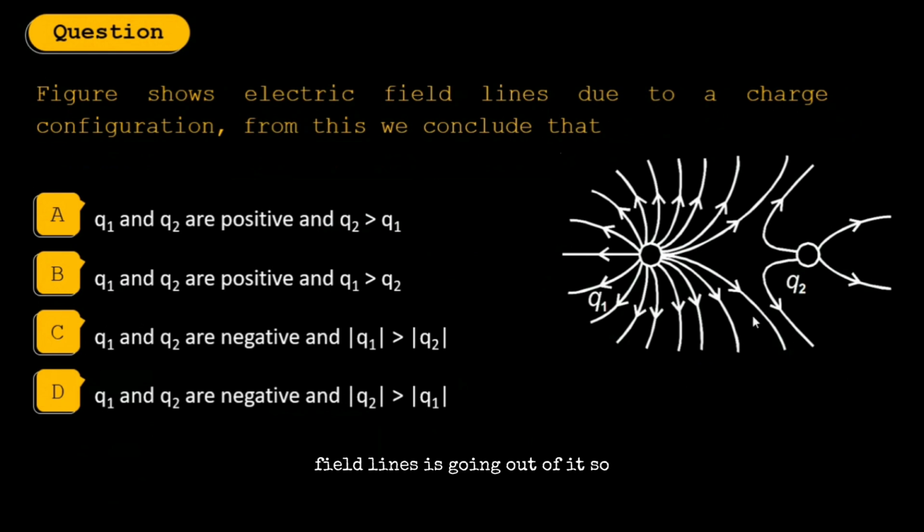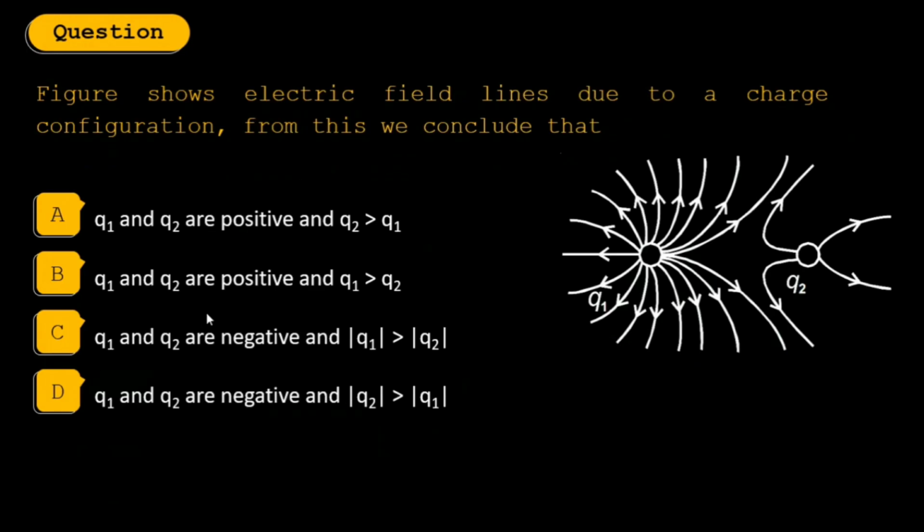Field lines are going out of it. So if they are going out of it, what can you say about the charge? The charge is actually emitting field lines, or field lines are going away from the charge. What does it mean? What is the nature of the charge? Think and tell me what you understand from this diagram. What is the nature of charges Q1 and Q2?